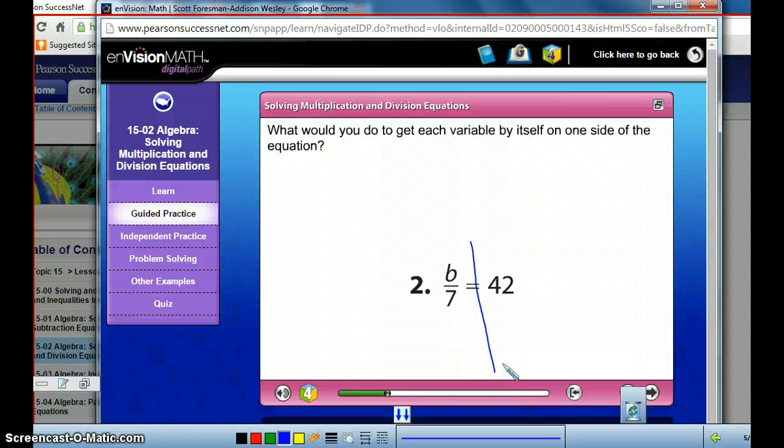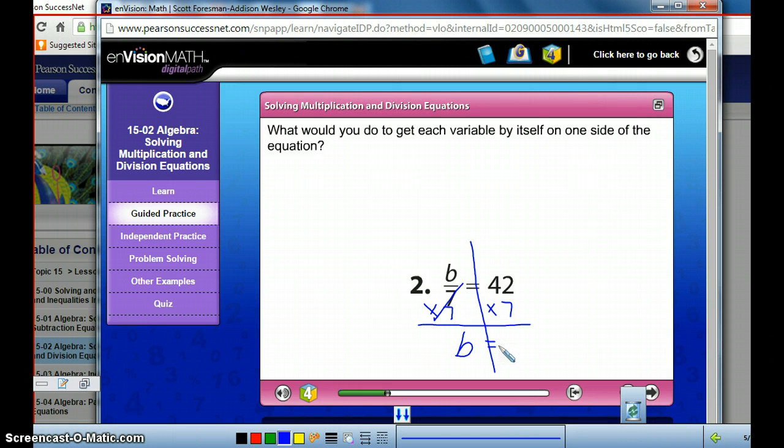All right, this says divide by 7. I want to get this b by itself. So I'm going to do the inverse. So I'm going to multiply. So I'm going to say times 7, times 7. I will be left with b on the left side.